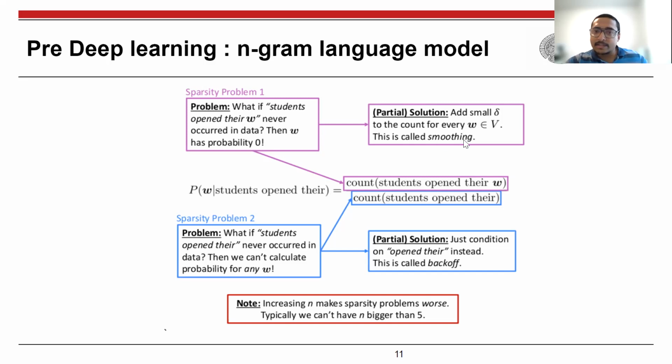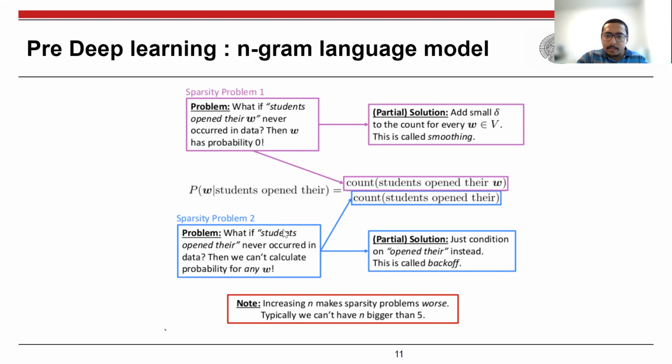What smoothing does is that every single one of these tokens will have at least some small amount of probability attached to it, so that none of these cases come where it is 0. Every word will have some probability associated with it when given a particular sequence.